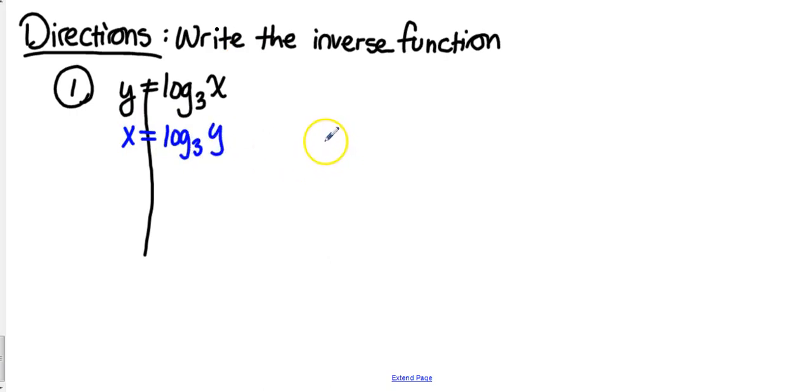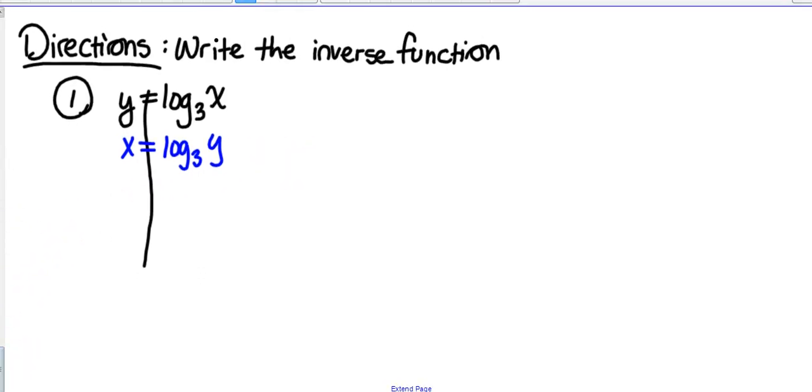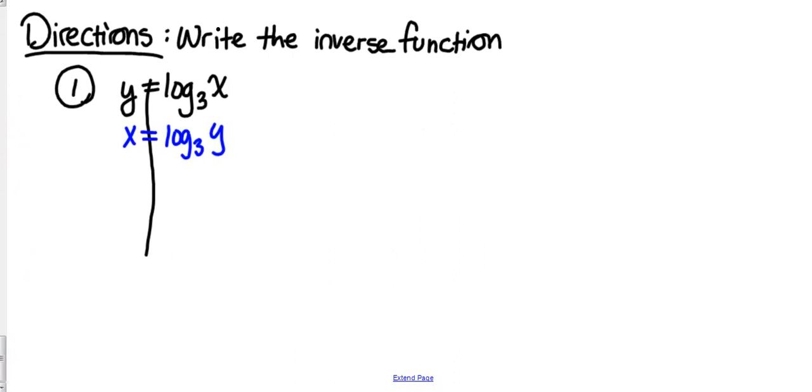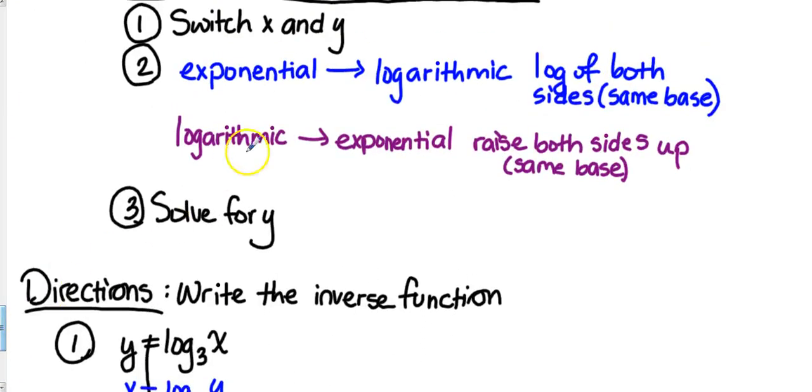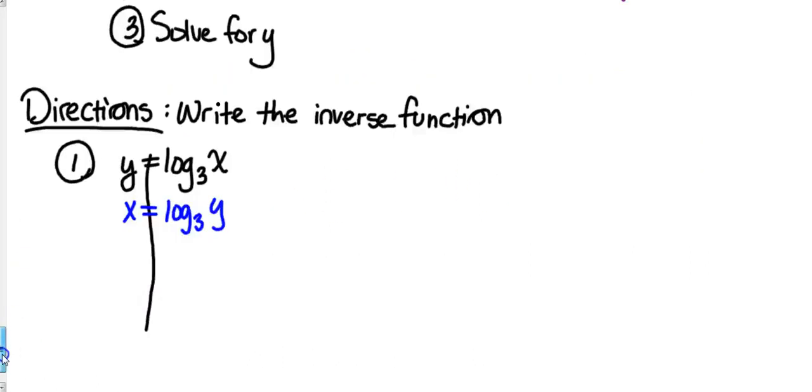Now, are we going exponential to logarithm, or are we going logarithm to exponential? To write the inverse, if we're starting with a log, we want to end up with the other form. So we are going from logarithm to exponential. Looking at the note we wrote, going from logarithm to exponential, raise both sides up, and it has to be the same base.